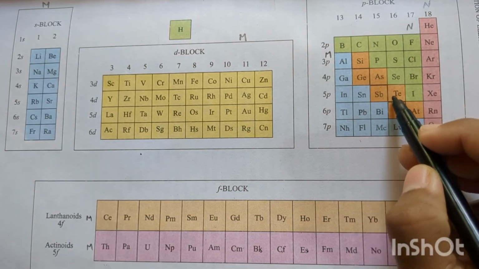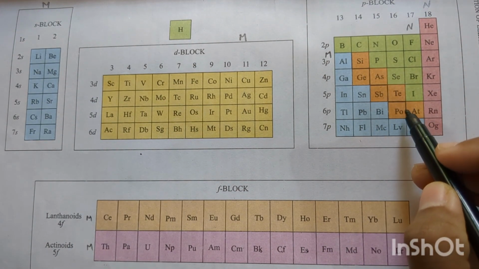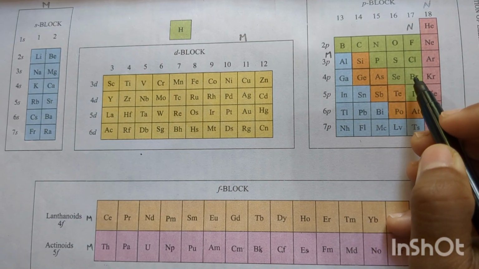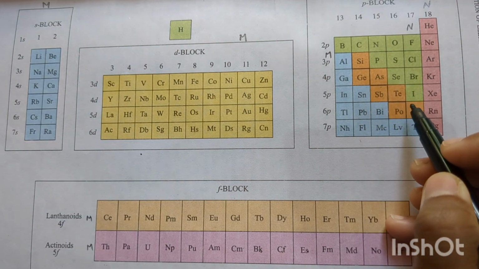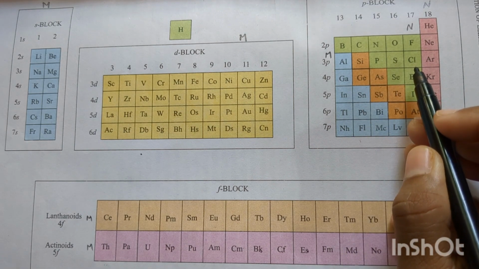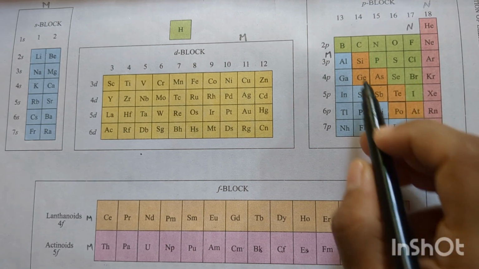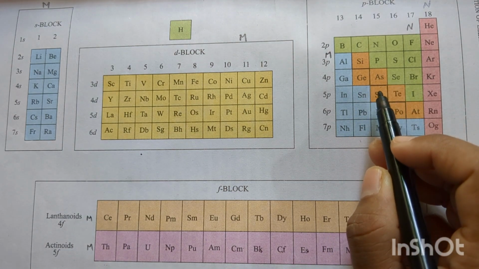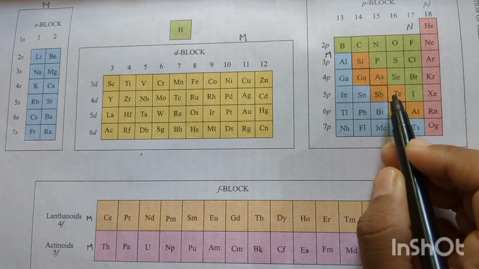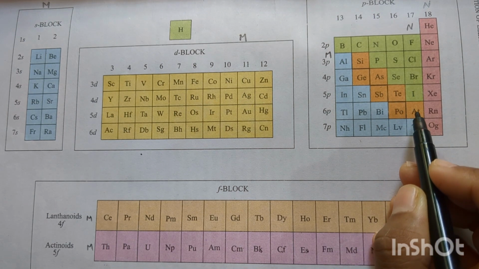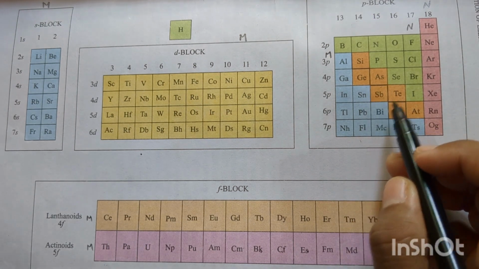These orange colored ones are the metalloids, with metals on this side and non-metals on this side. The metalloids in the periodic table are silicon, germanium, arsenic, antimony, tellurium, polonium and astatine.